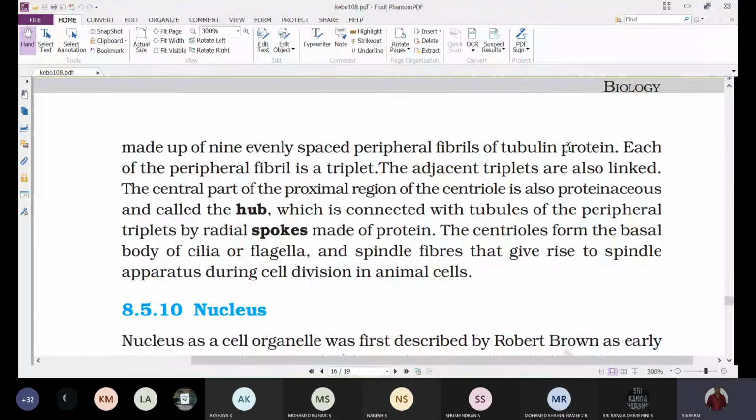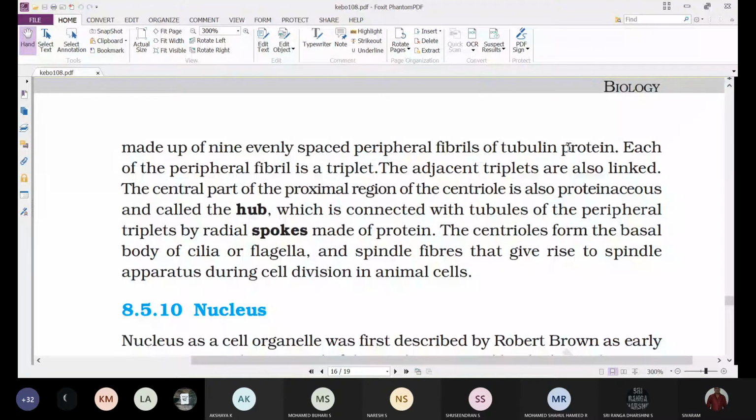When you observe the peripheral fibrils, they are 3 in number. They are triplets, made up of 3 fibrils. The adjacent triplets are also linked.